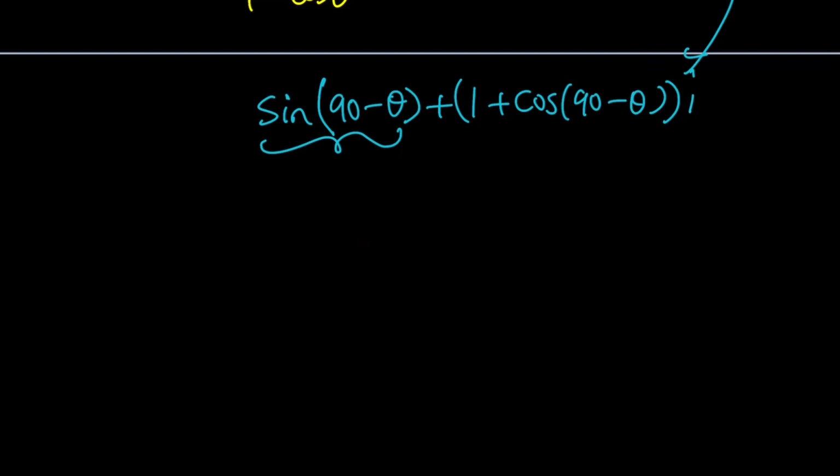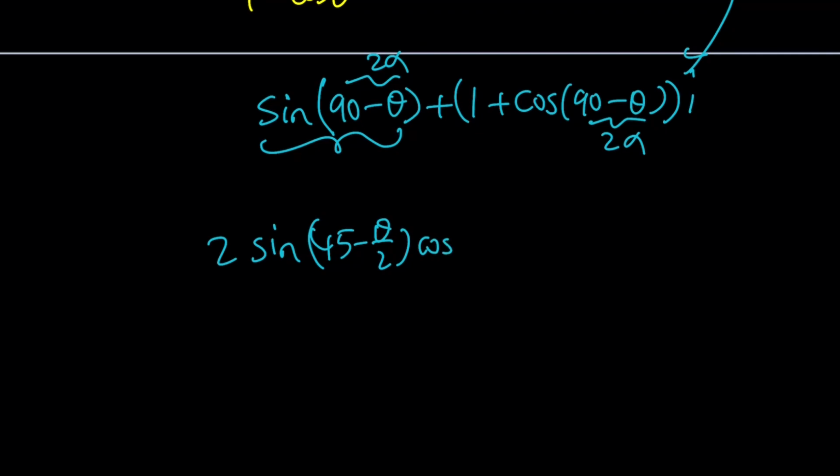And remember, if you treat this as sin 2α, you're supposed to cut this in half, right? So it's going to be half of this. So I'm going to treat this as 2α. So sin 2α is 2 sin α cos α. In other words, 2 sin((45 - θ/2)) times cos((45 - θ/2)).